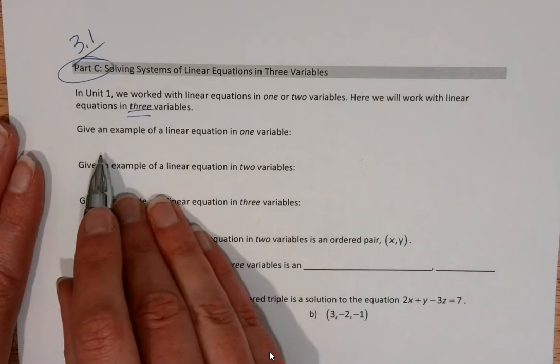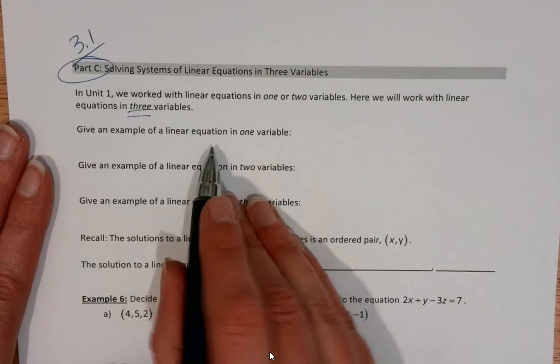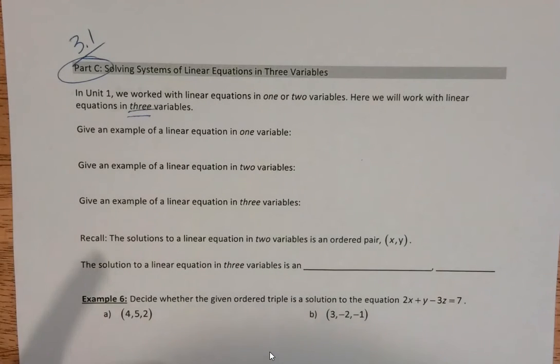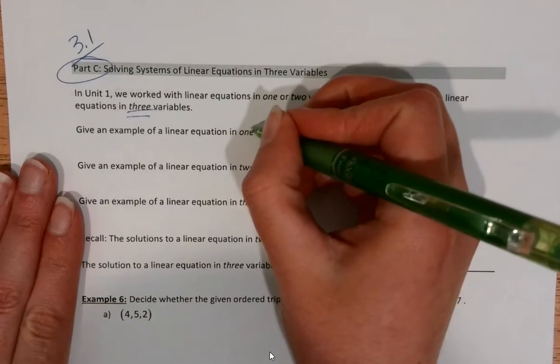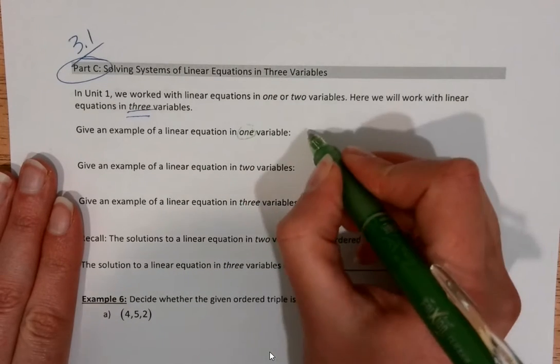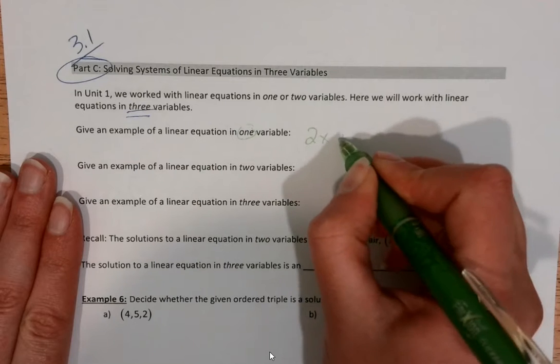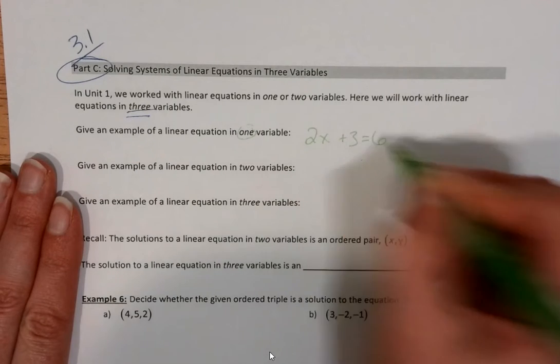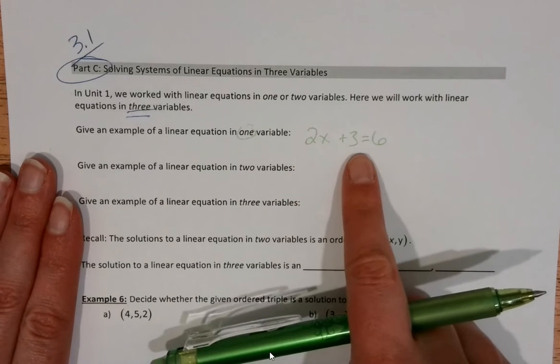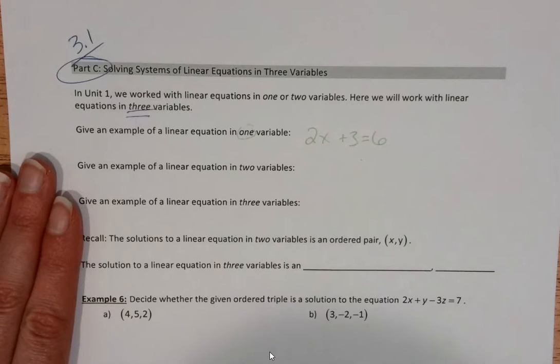The first thing I want is an example of a linear equation in one variable. If I wanted to have one variable, we'll say x, it may look like 2x plus 3 equals 6. It's an equation, it has an equal sign, and it's in one variable.